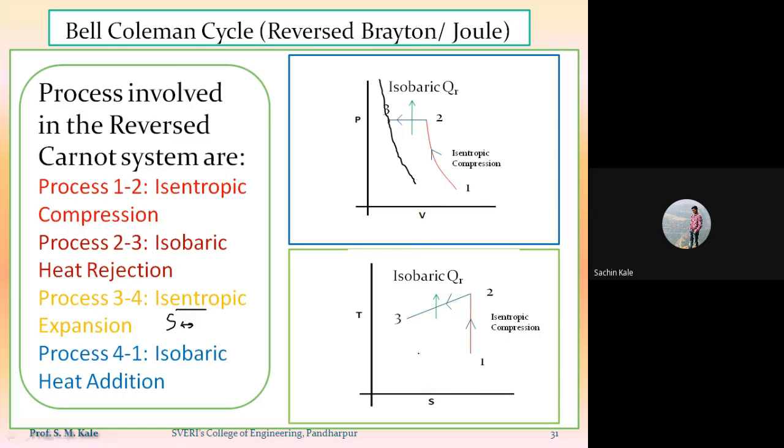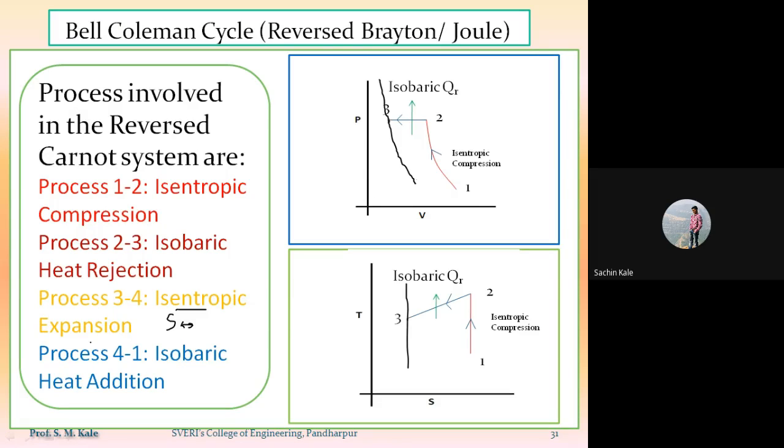And from point number 3 on the TS diagram, as entropy remains constant, I can draw the vertical line, because a vertical line indicates constant entropy, pointing downward or pointing upward. I have both choices, but I have to decide which direction to go from point number 3.